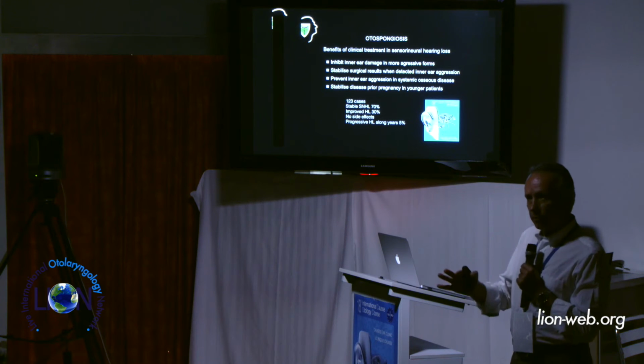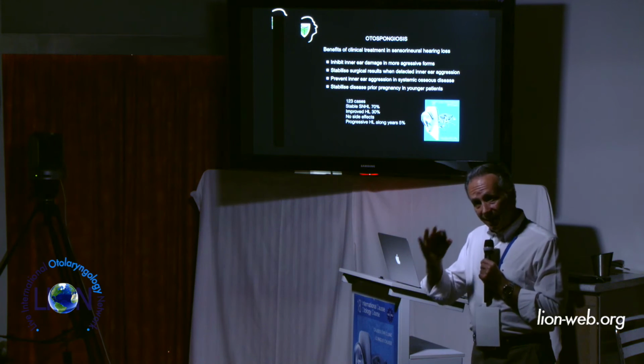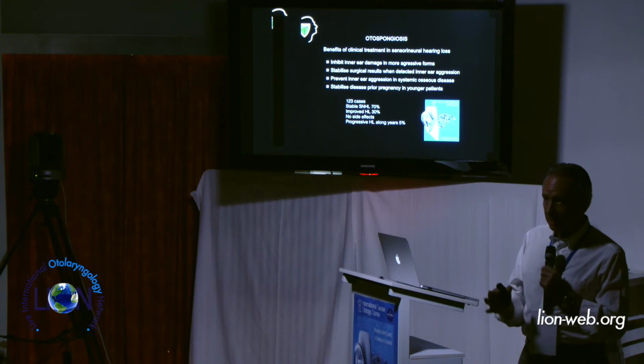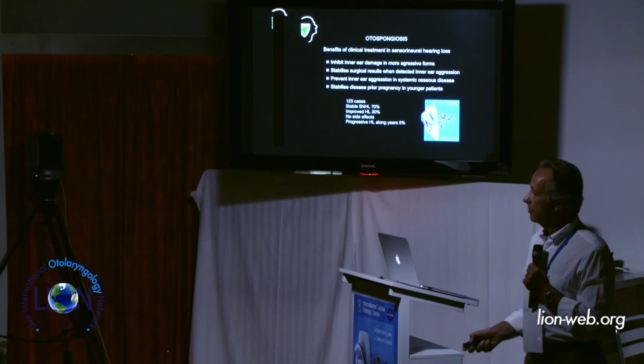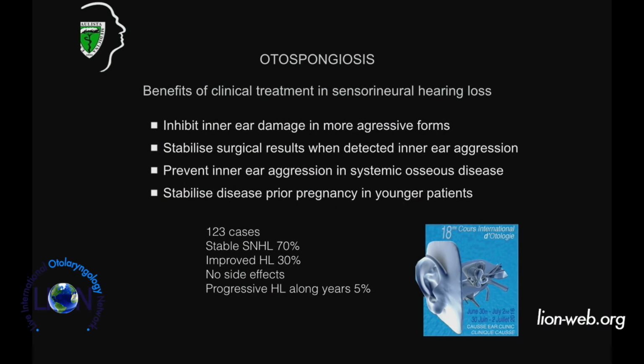We are finishing our first analysis of our data about the clinical treatment, around 100 cases. It represents a little less than 20% of our cases of otosclerosis. So we think we will need the clinical treatment in around 20% of our patients. It's not that much, but it's important.